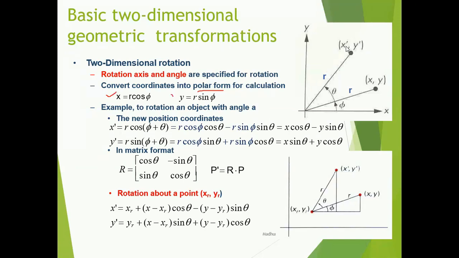Here I say the initial positions, you have to understand how to write them: x and y value are the original point position. So how do you write the x and y position? If you see here, draw a line from the x comma y position to the x axis, then you get an angle, represented as phi, that is the angle between the x comma y point and the x axis.